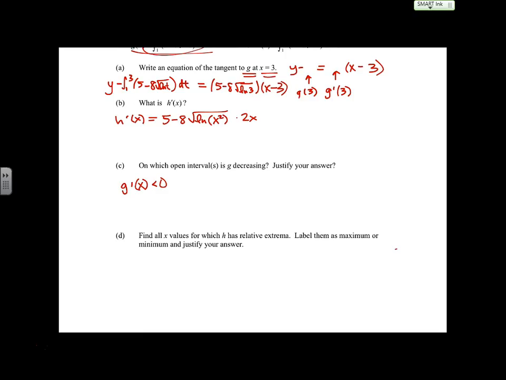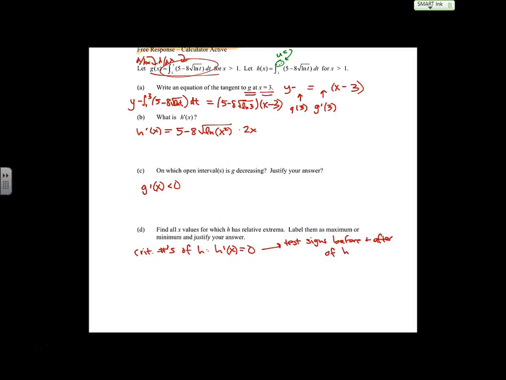Relative extrema of h. We need to find critical numbers of h. Take h prime, set it equal to 0. Then technically we have options. We can either test signs before and after. Signs of who?